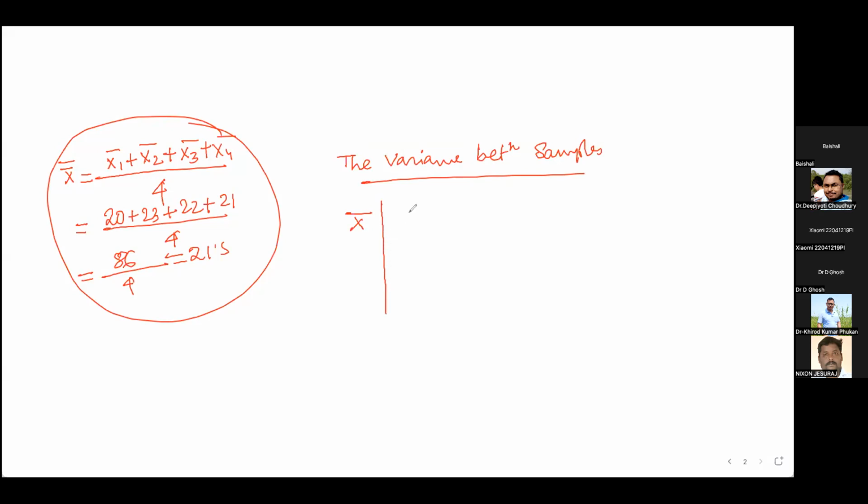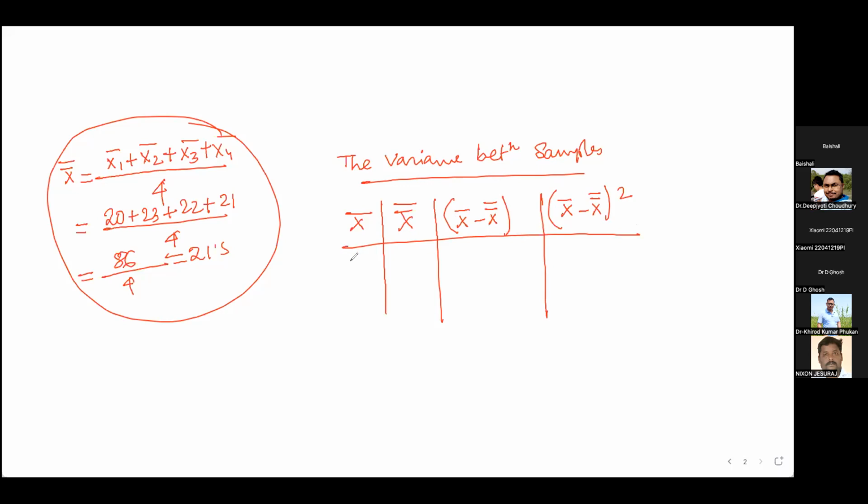I also need the information related to X double bar, and further X bar minus X double bar, and further X bar minus X double bar whole square. So these sorts of information I need.